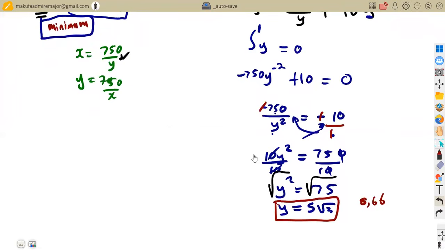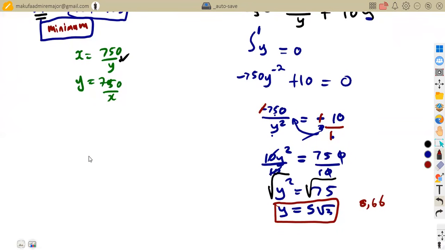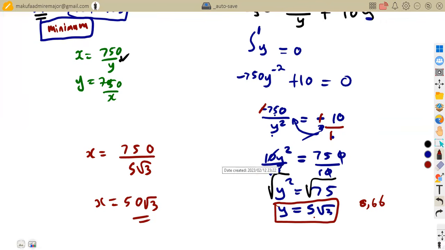So our x is going to be 750 over y, which is 750 over 5 square root of 3. That is going to give us the value of x, which is 50 square root of 3, or 86.66 and so on.